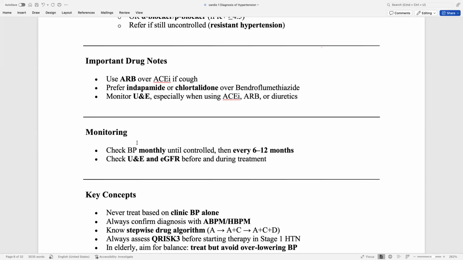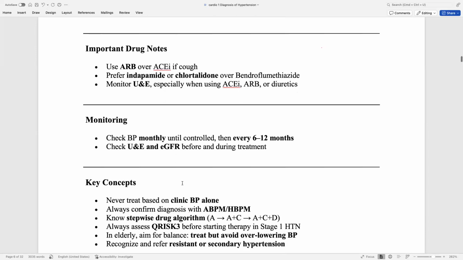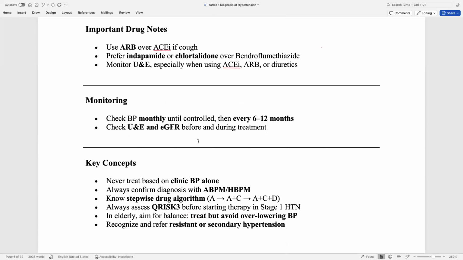Okay, if controlled and happy, then we will see him every 1 year or every 6 months maximum. Okay, urea and EGFR before and during treatment.